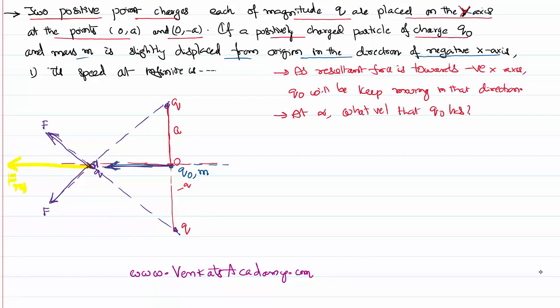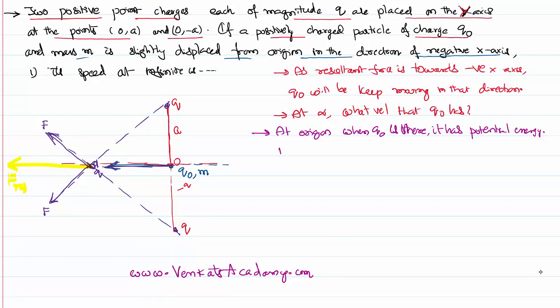So what we can say is, at the origin, when q0 is there, the system has potential energy. What is the potential energy?